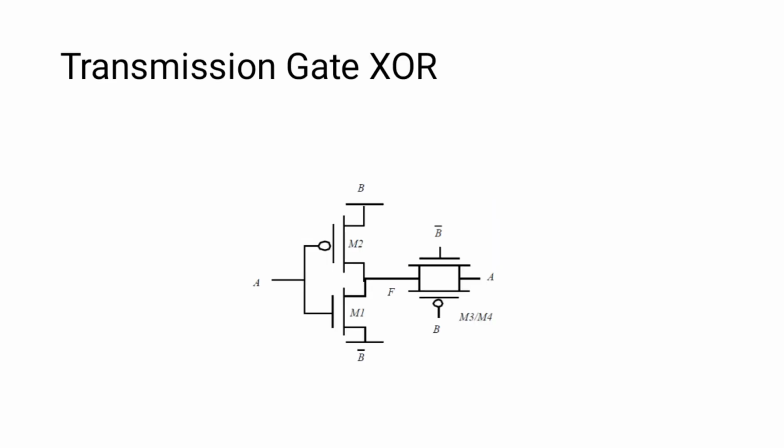Transmission gate XOR gate. Here, what is the output F? M1, M2, and here M3 and M4 transistors are there. What is the equation for the XOR gate? We know that it is A bar B plus B bar A. That is the XOR gate output. For the M1 and M2 transistors, the M2 drain terminal has B and the M1 drain terminal has B bar, and the M3 and M4 gate terminals are B and B bar.